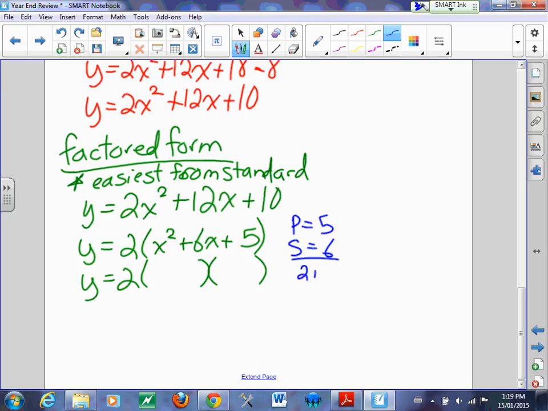Hopefully you don't say 2 and 3, because that gives you a product of 6. I apologize, sum of 6. I said that wrong. Product of 5, sum of 6. So that's going to be 1 and 5. My fault. Because it's a simple trinomial, take the square root of the first term and take the signs attached to those factors. And there you have it, ladies and gentlemen. That is in factored form.